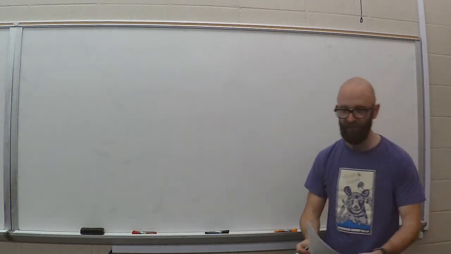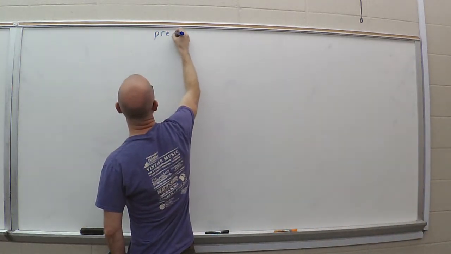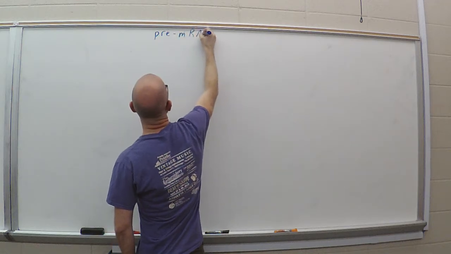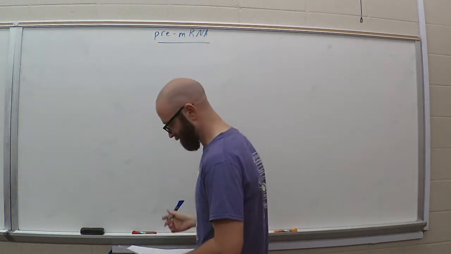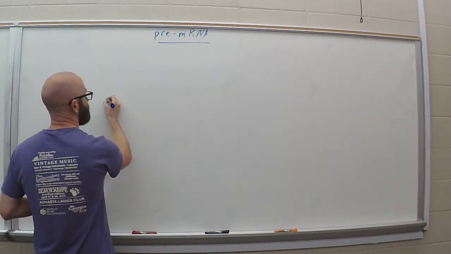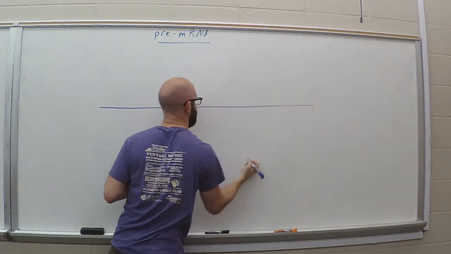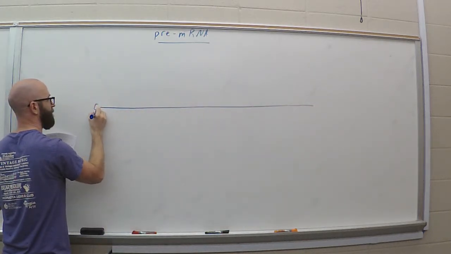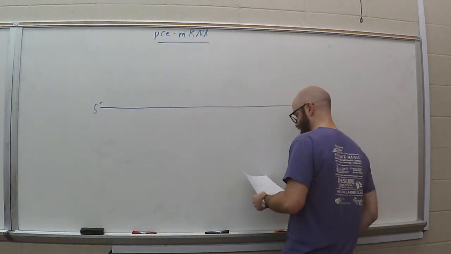If you look at a strand of pre-mRNA, it looks kind of like this, right? Let's say here's your strand, 5', 3'.